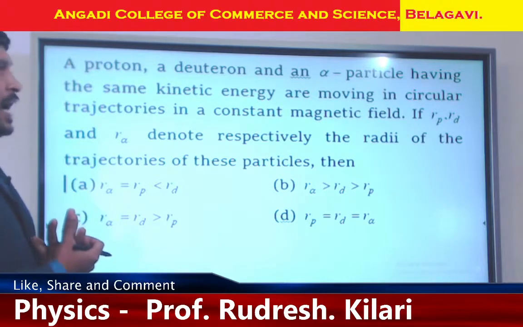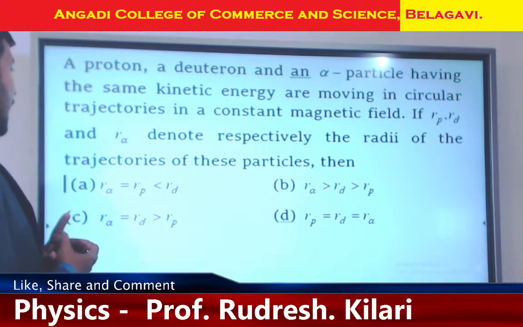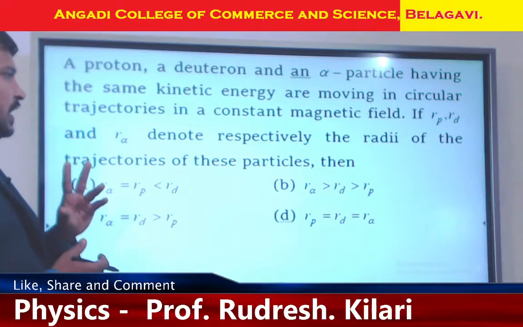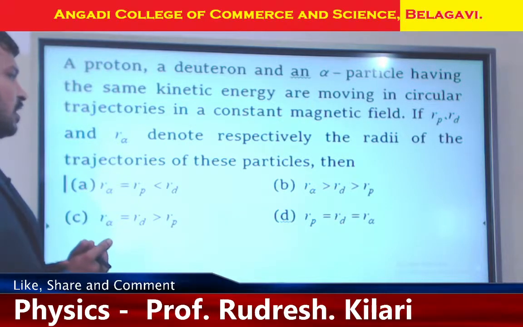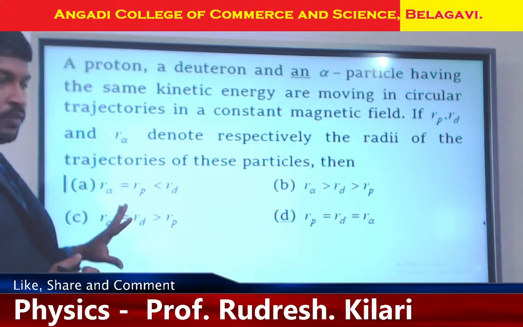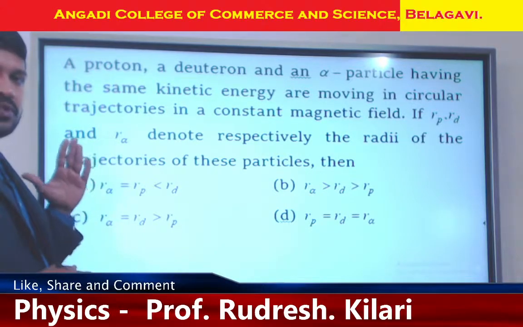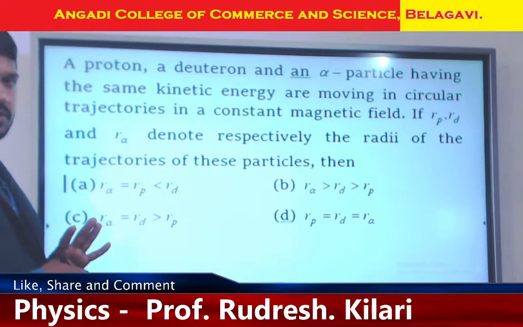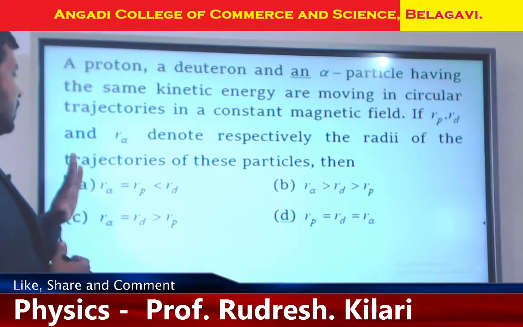If Rp, Rd and R alpha denote respectively the radii of the trajectories, then these particles, what will happen? Okay, whatever questions I am solving are all from 2019 to 2016. Now this is a 2018 question paper question. They asked this one. Okay, it's simple.